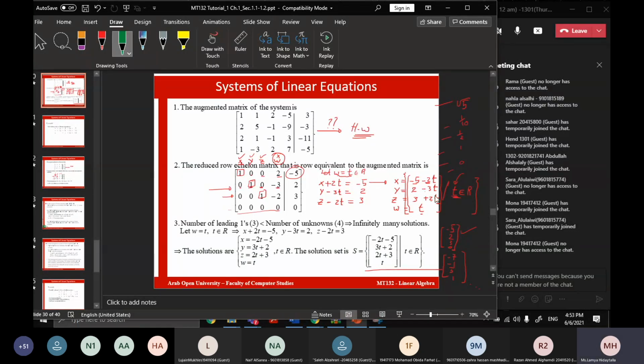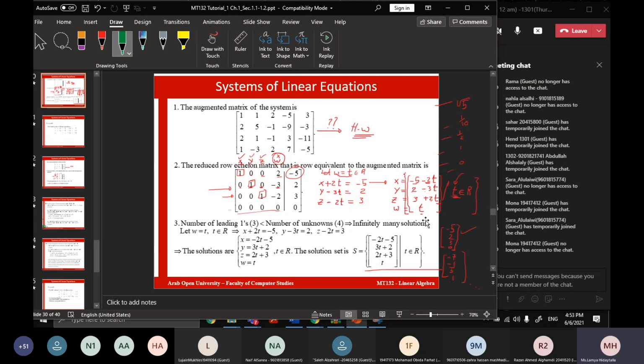This has infinitely many solutions because the number of leading ones is less than the number of unknowns, and here I don't have a 0 0 row equal to a nonzero number.